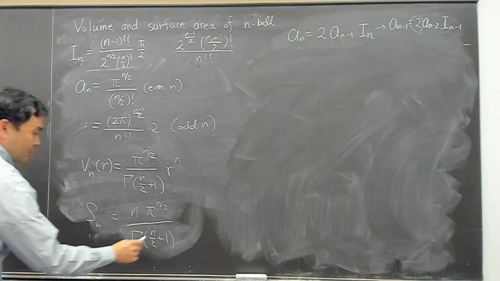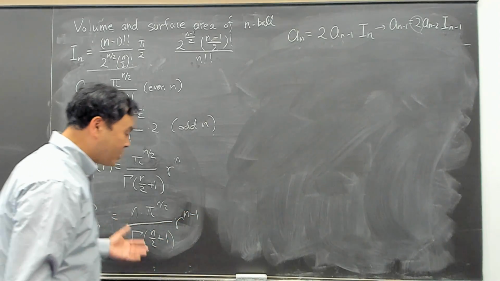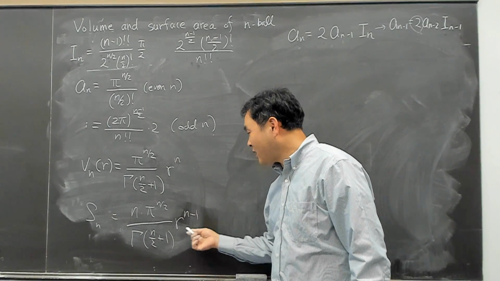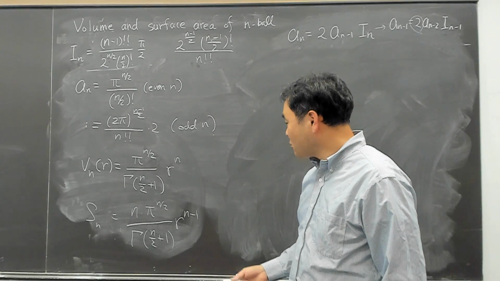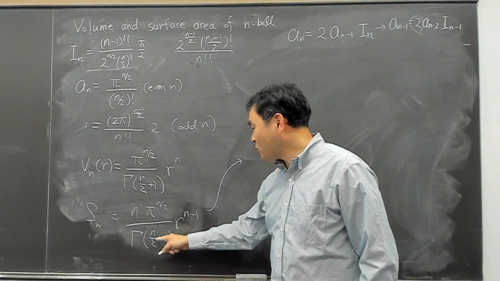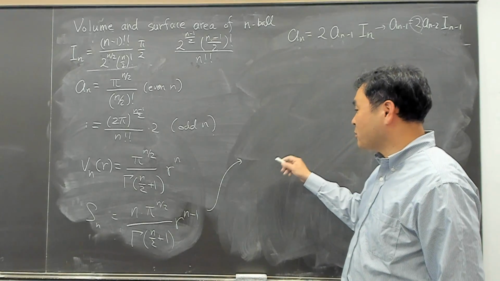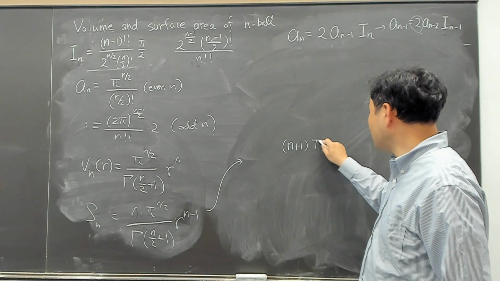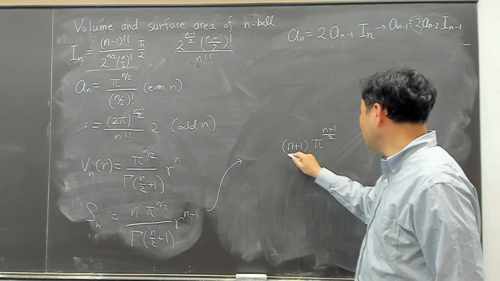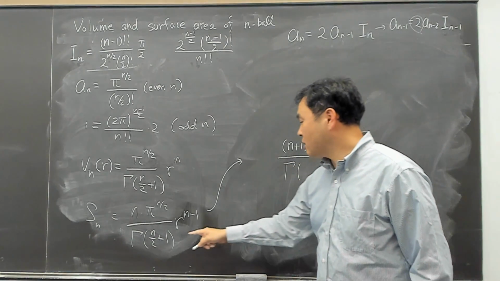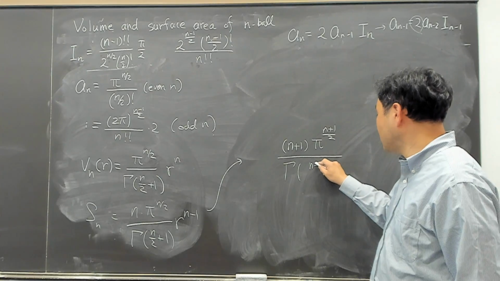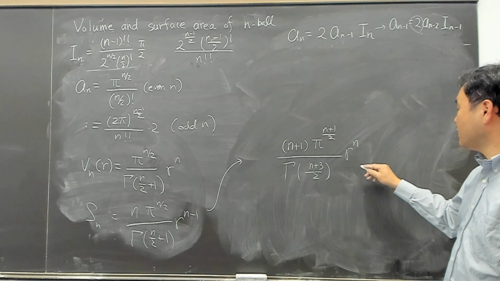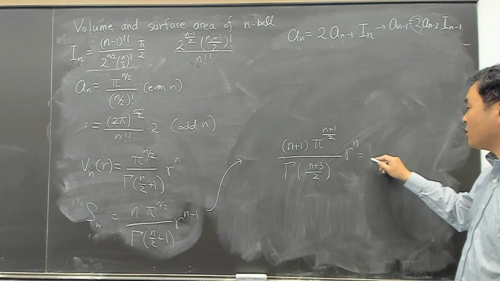Now, as I said, some people will be happy with this, but some might say, oh, no, we want to think of this as an n minus 1 dimensional object. So another way to rewrite this is you can replace all the n by n plus 1 and rewrite it as n plus 1 times pi to the (n plus 1) over 2 over gamma of (n plus 3) over 2, times r to the n, as the volume of the n sphere.